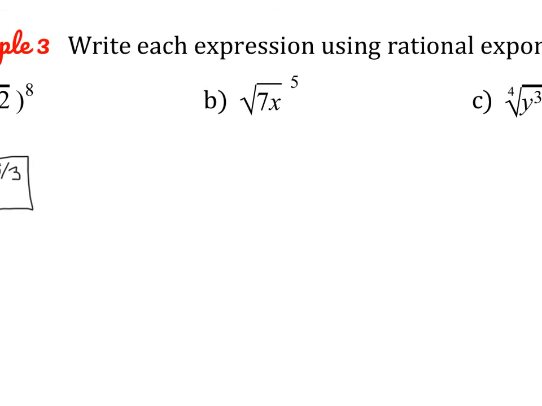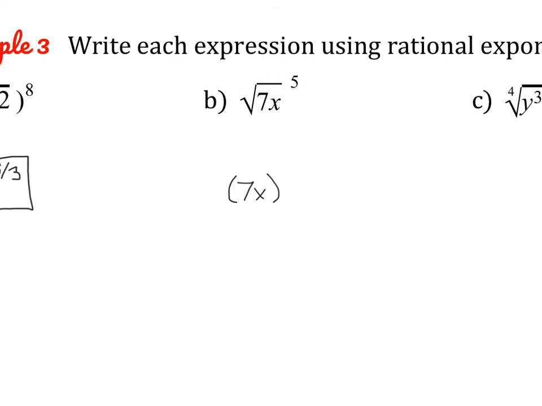All right, let's look at this next one. So you can see what our base is. Our base is 7x. We do need to make sure to include parentheses here, to make sure that this whole thing gets the exponent we're about to create. If you don't have the parentheses, it would actually be wrong. So you can see that our numerator is going to be 5.